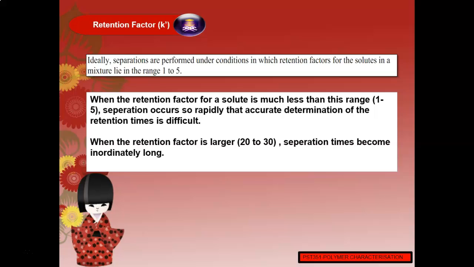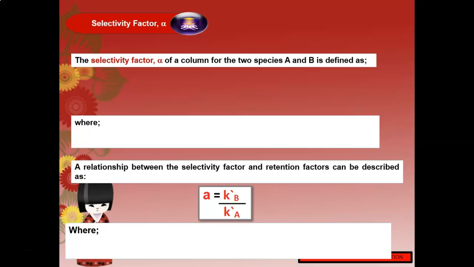For example, if you got a value of 0.5, it is below 1, so we can conclude that the separation is too fast. When the retention factor is larger, 20 to 30, the separation time becomes inordinately long, so it takes a longer time to separate.